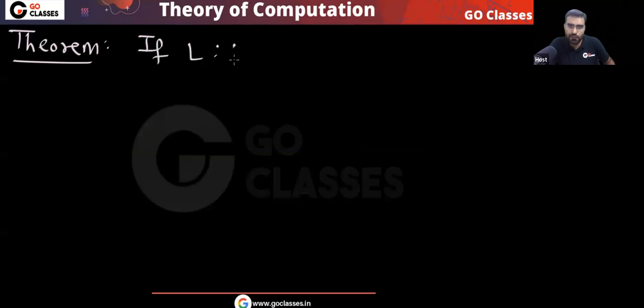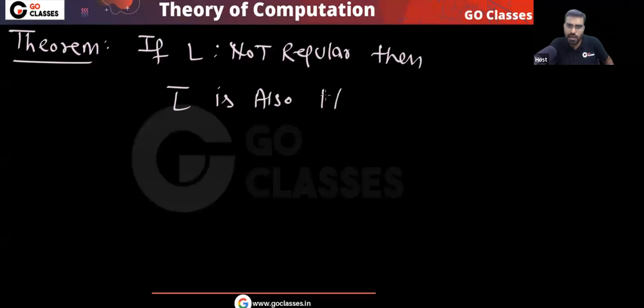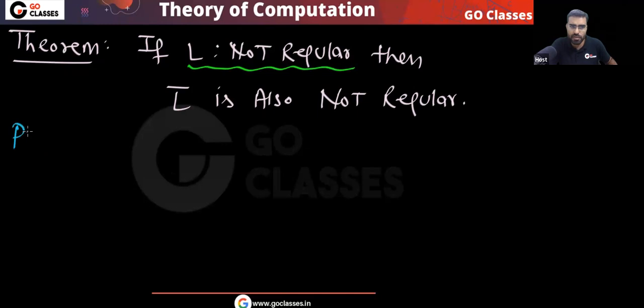See, the proof is very easy. First of all, what is your theorem? The theorem is like this: if L is non-regular, the language L is not regular, then L complement is also not regular. Let's prove it using contradiction.